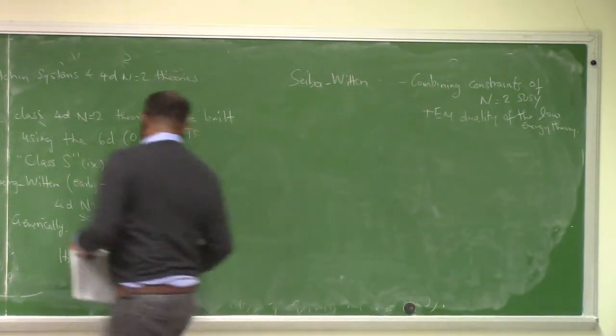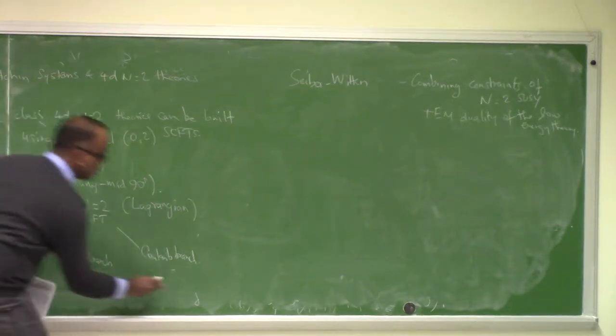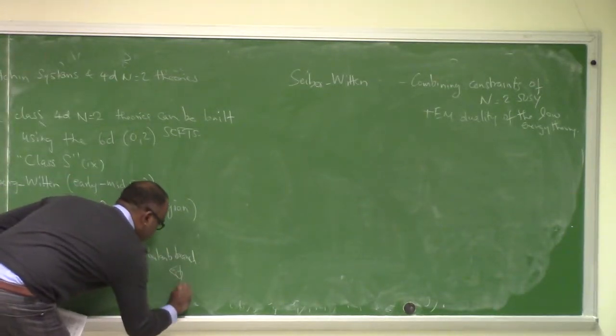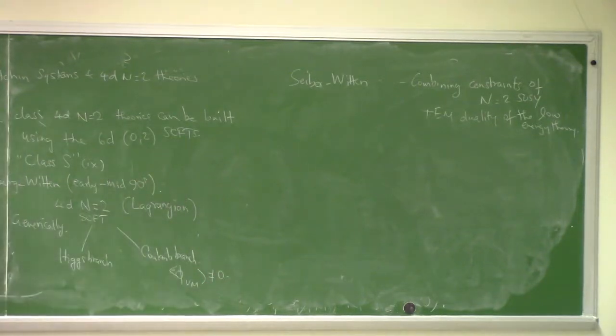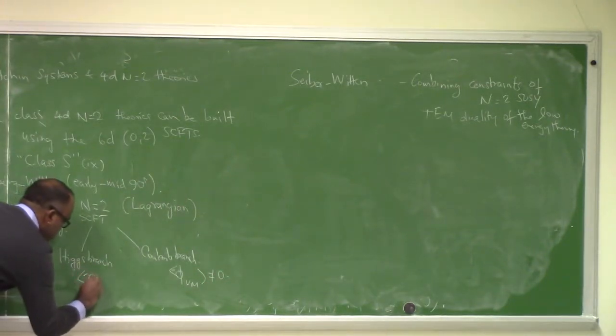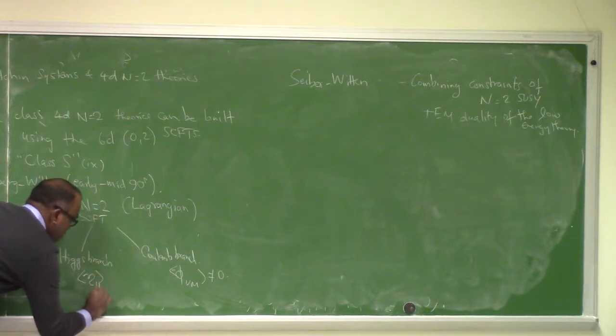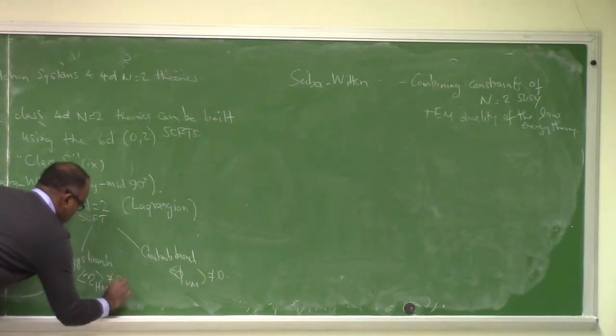By definition, the Coulomb branch is the one in which the vector multiplet scalar picks up non-zero expectation values. The Higgs branch is the one in which the hypermultiplet scalar picks up non-zero expectation values.